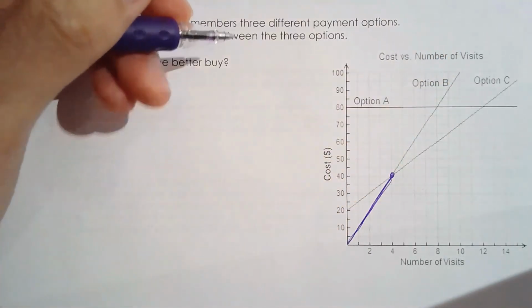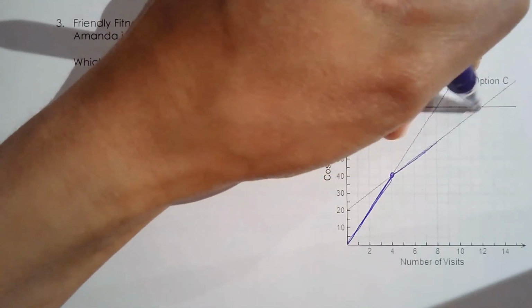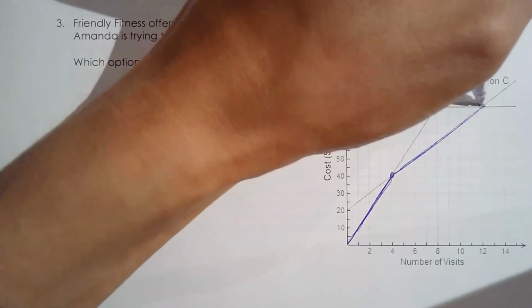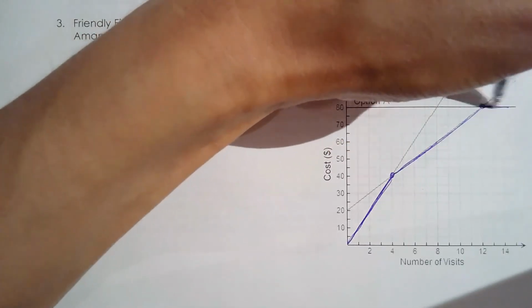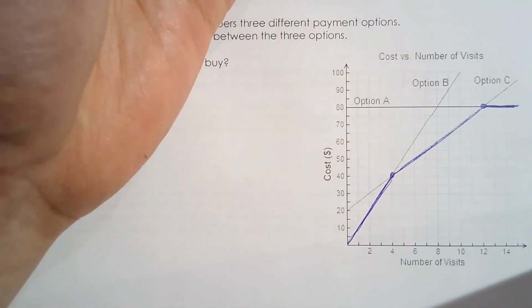Okay, so in the very beginning, from 0 to 4 visits, the cheapest option is option B. And then option B is no longer a good option after 4 visits. This option is better. So you want to go with whichever line is the lowest, because in this case the lowest is the cheapest.